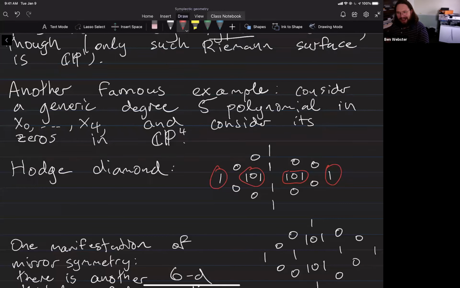There is a good explanation for where this 101 comes from, some combinatorics behind it, but it still looks pretty surprising to me. There's some numerical calculation you can do where you can see that this has Euler characteristic minus 200.